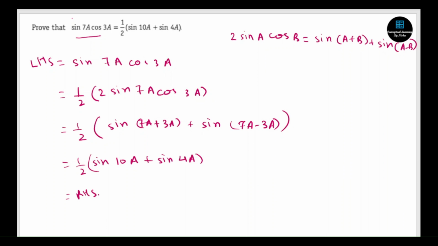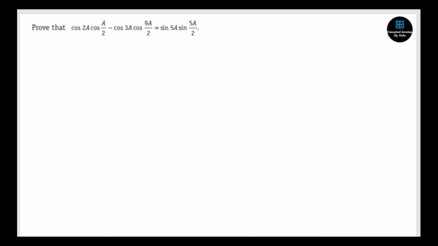Very easy. Now let's start solving this by taking the LHS as cos 2a cos(a/2) minus cos 3a cos(9a/2). Now to apply the formula, we'll do the adjustment of multiplying and dividing by 2. Alright. Now what do I get? Half.